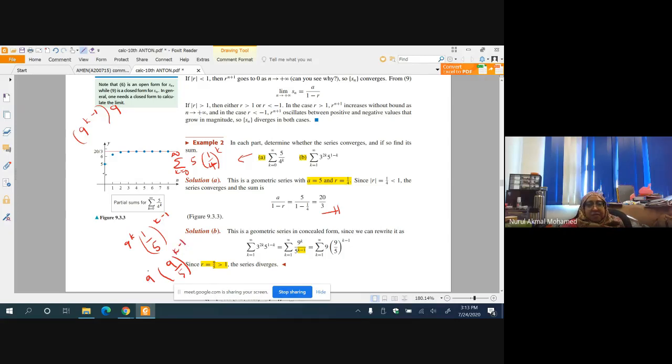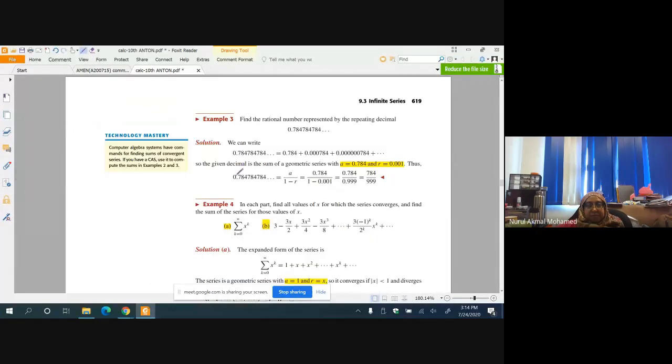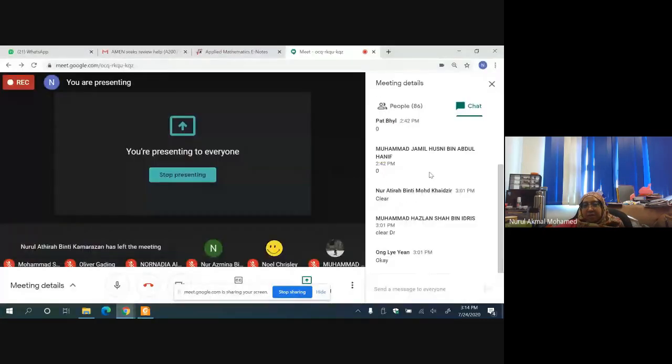So the a here is equal to 9, and your r will be 9 divided by 5. 9 divided by 5 is greater than 1, so the series diverges. So any questions? Is it clear? Okay, good, clear.